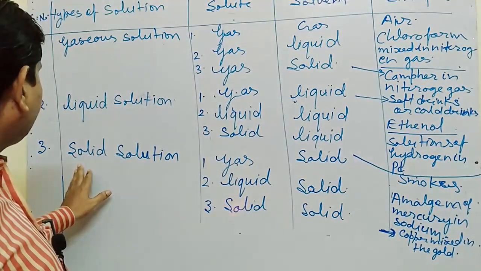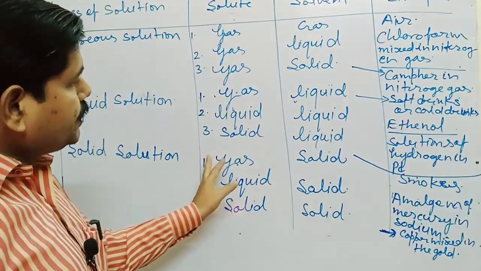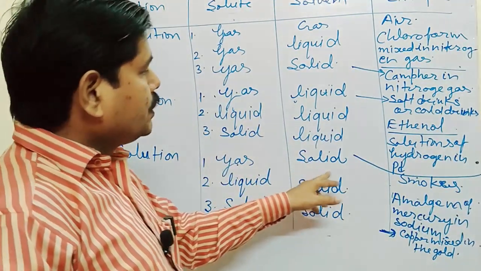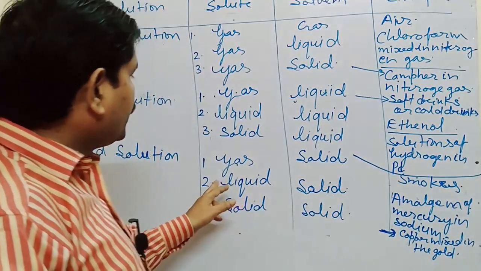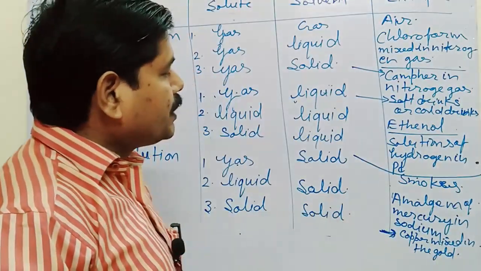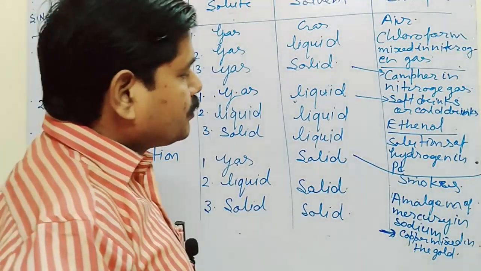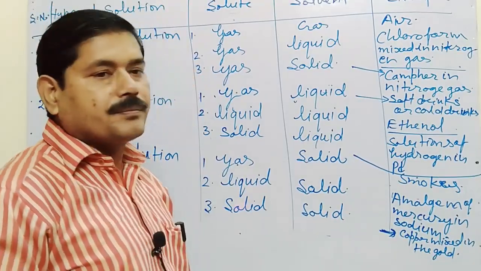Solid solutions: gas in solid, smokes; liquid in solid, amalgam of mercury in sodium; solid in solid, copper mixed in gold.